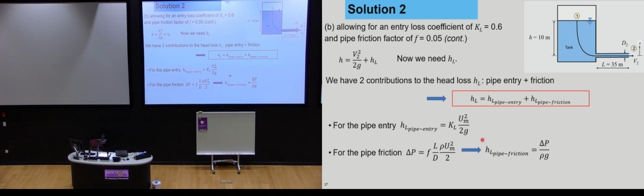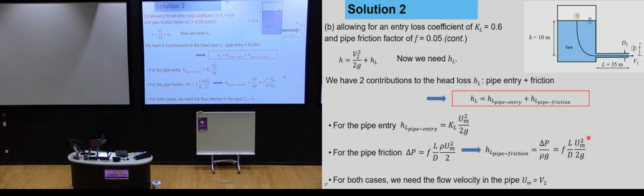If you remember, we can relate the head loss due to pipe friction to the pressure drop over rho G. So this allows us to say that my head loss is equal to the friction factor times L upon D times V squared upon 2G, or UM squared, sorry.